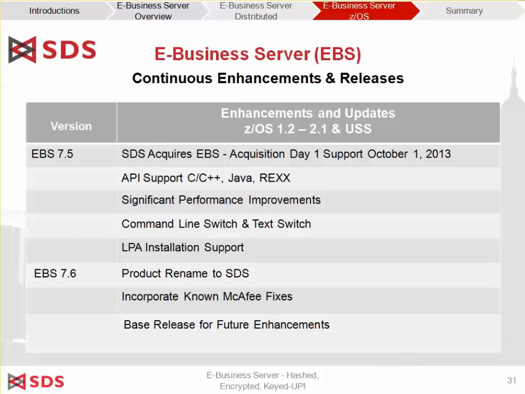We included performance improvements along with link pack area installation support. Our 7.1 release provided identification of Software Diversified Services and the product renaming. We incorporated known McAfee fixes and considered this our base release for future enhancements.